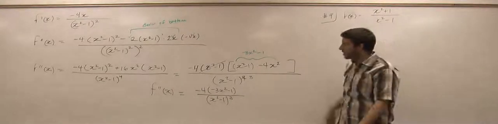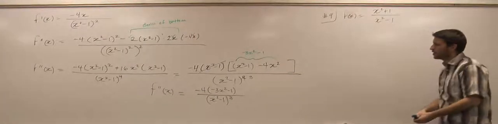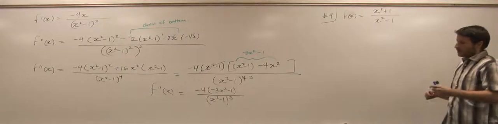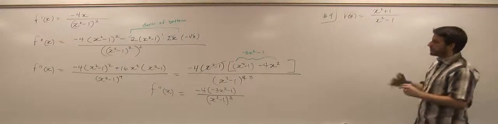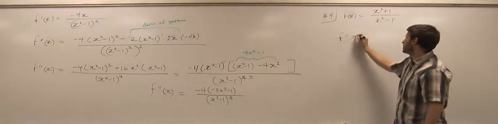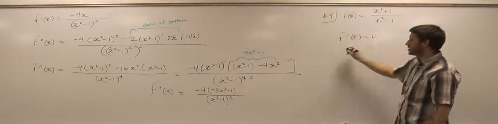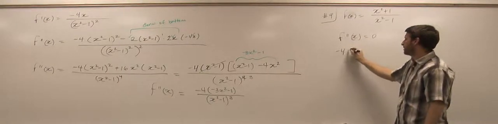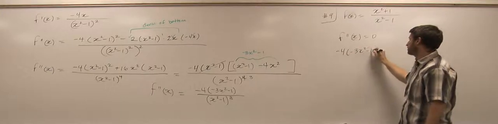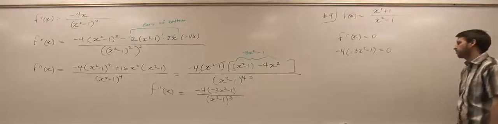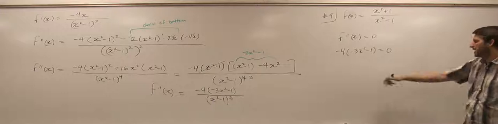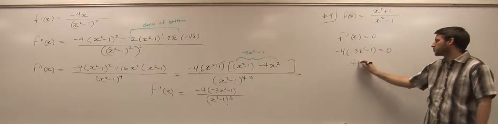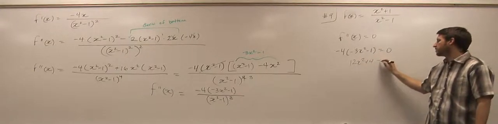Since I'm trying to find concavity, I now have to figure out where this is 0 or undefined. So for f double prime equals 0, I just set the numerator to 0. I guess we can multiply this out. 12x squared plus 4 equals 0.